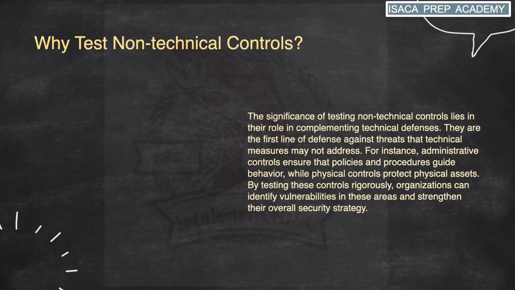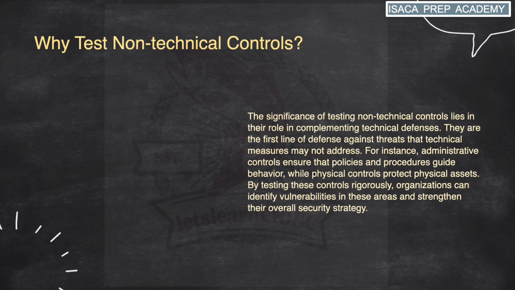Friends, similarly, physical controls include locks, access control, and surveillance systems. They protect physical assets and restrict unauthorized access to sensitive areas. And these controls are essential for safeguarding facilities, equipment, and other physical assets from theft, vandalism, or unauthorized intrusion.